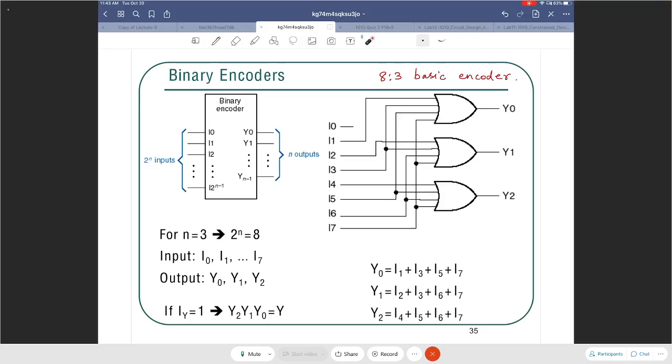So for example, the number of inputs is 8 and the number of outputs is 3, which is why you have an 8 to 3, right? 8 inputs, 3 outputs. The inputs are I0, I1, I2, I3, all the way to I7. We had just 4 of them in our example. Outputs are 3 of them, Y0, Y1, Y2. All inputs and outputs are active high here.